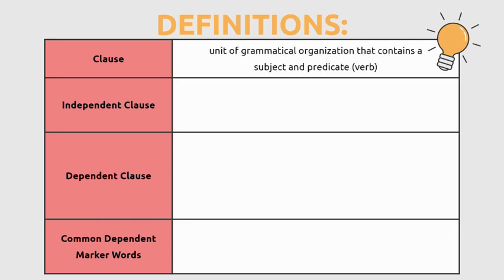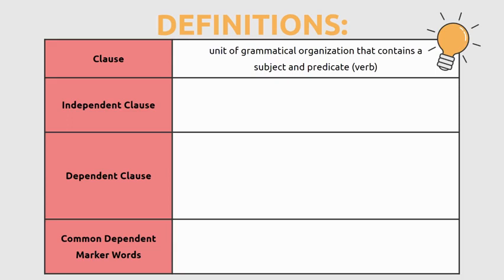A clause is a unit of grammatical organization that contains a subject, which is our noun, so person, place, thing, idea, and predicate. Our predicate always begins with our verb. So, what is the subject doing, right? Remember, verbs are action words and they're also states of being.